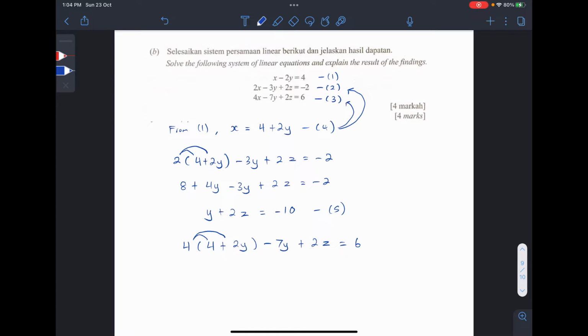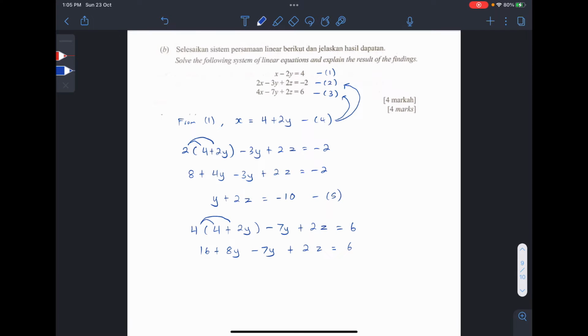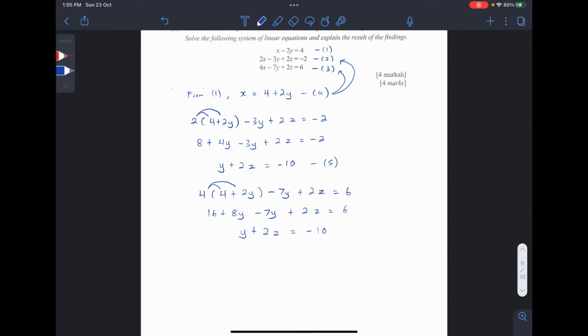You are going to get 16 plus 8y minus 7y plus 2z equals 6. Variables on the left, numbers on the right: y plus 2z equals 6 minus 16, which is negative 10. So, let's name this equation number 6.